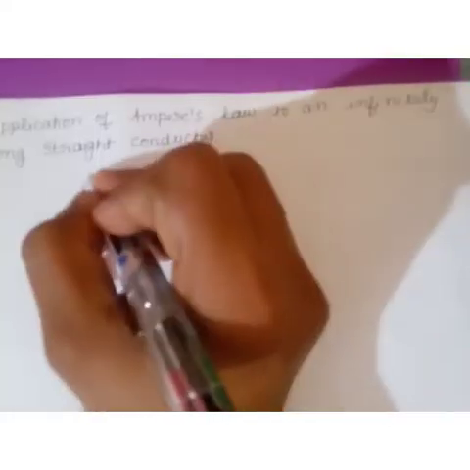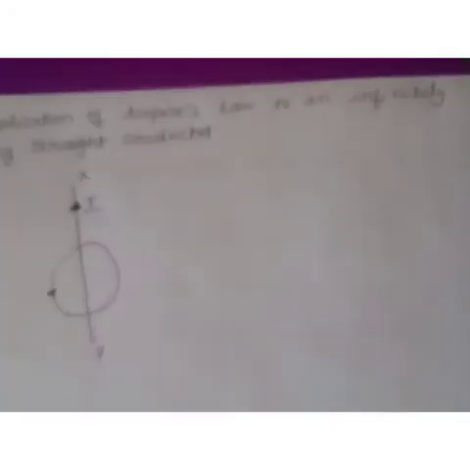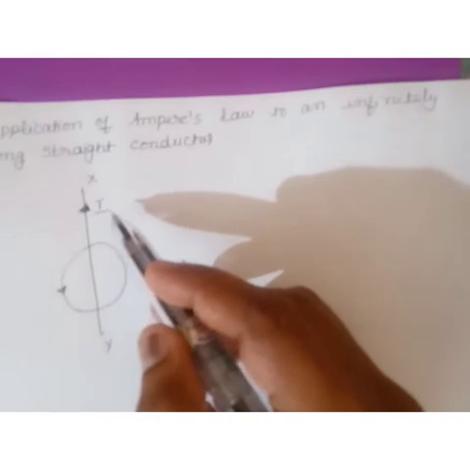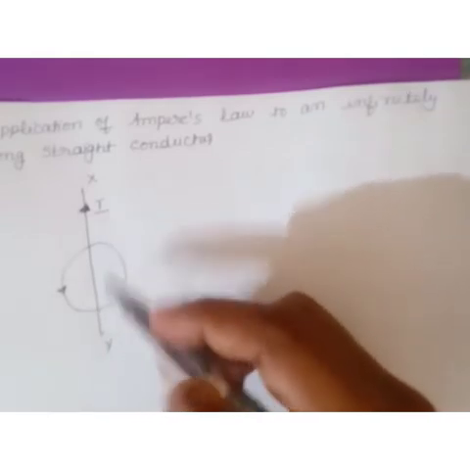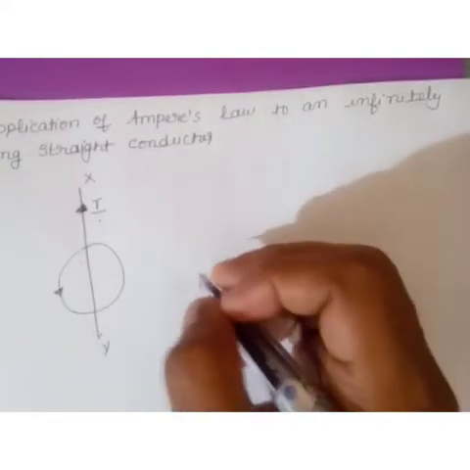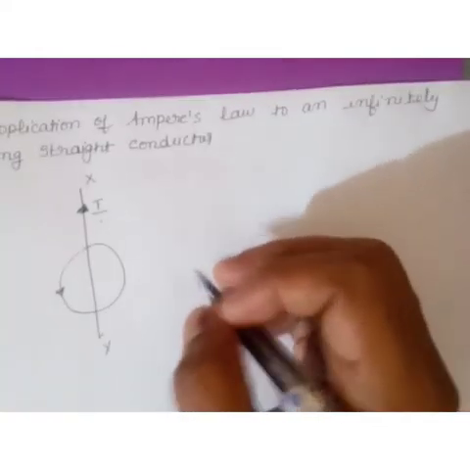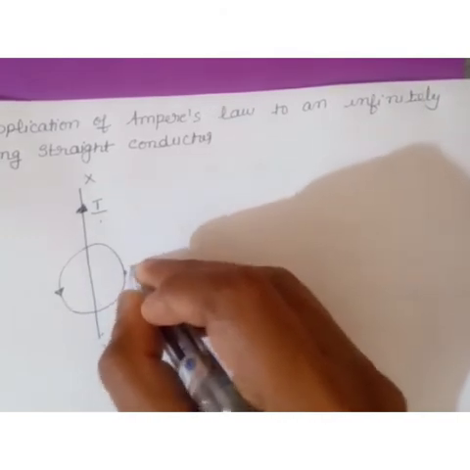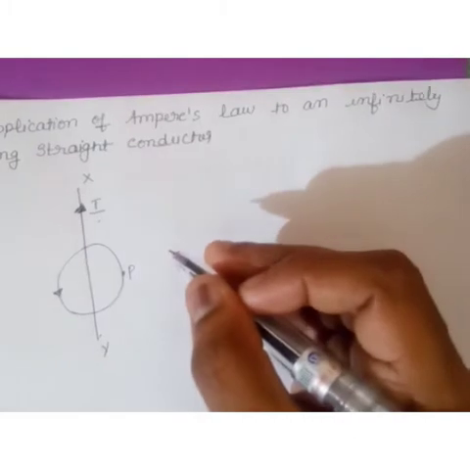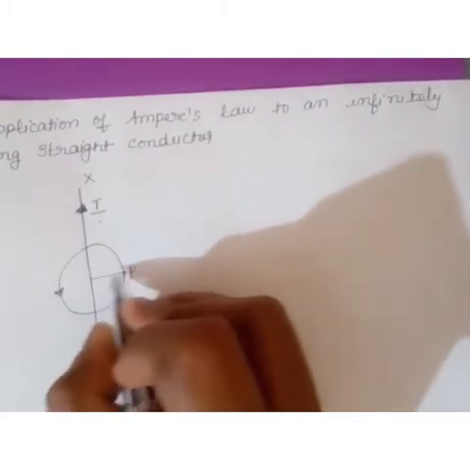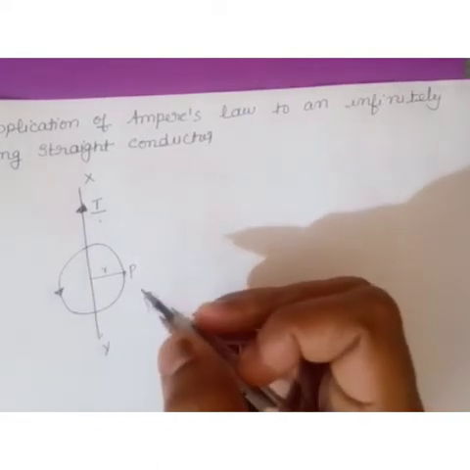Okay, so consider a long straight conductor XY carrying a current I in the plane of the paper. Let P be a point near the conductor at a distance R from the conductor.